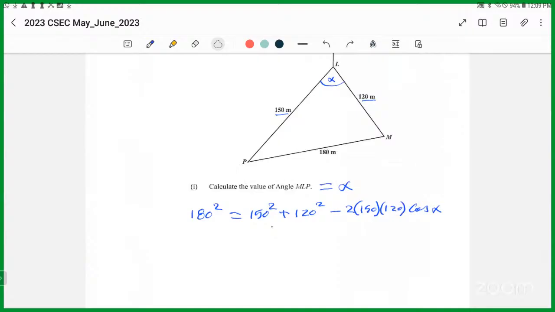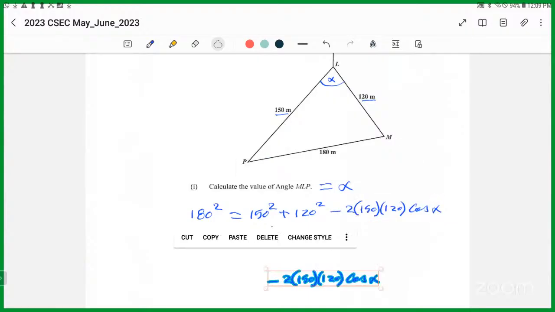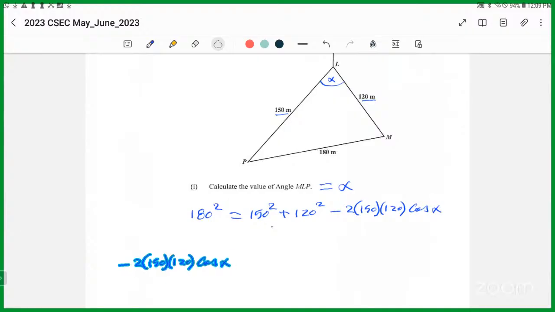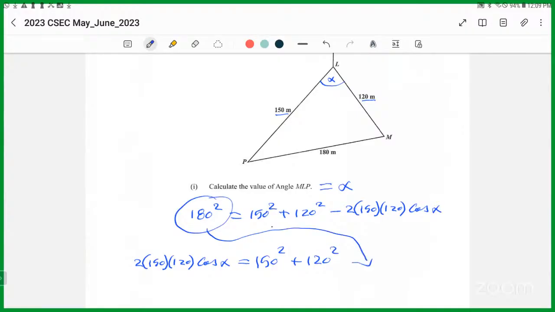So we'll copy this over and paste it on the right side. I don't want the minus on it, so I take out the minus. And it becomes equal to, and I'm putting these back, 150 squared plus 120 squared. And this 180 squared is coming over here with a minus. I'm going to subtract 180 squared.